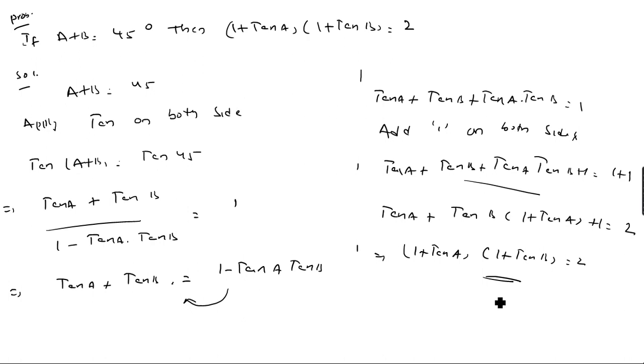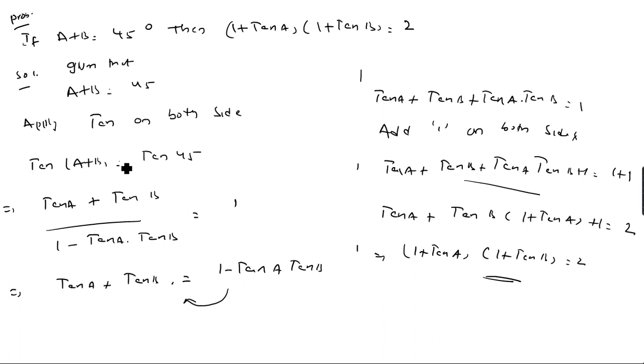So if A plus B is equal to 45, then we prove that 1 plus tan A into 1 plus tan B is equal to 2. Given that A plus B equals 45, apply tan on both sides.